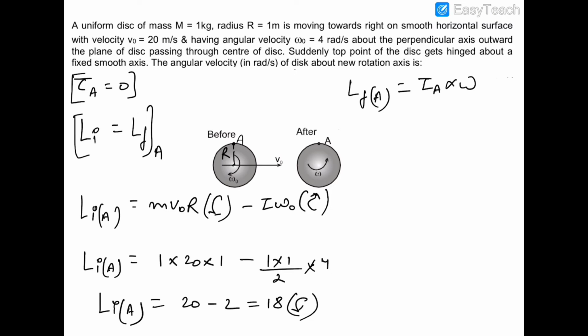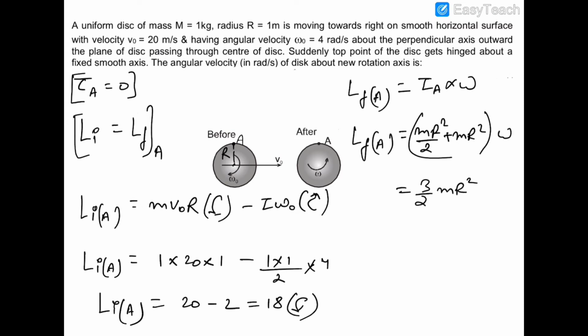Now the moment of inertia about A is mr square by 2 plus mr square into omega. So this is 3 by 2 mr square omega. Okay.